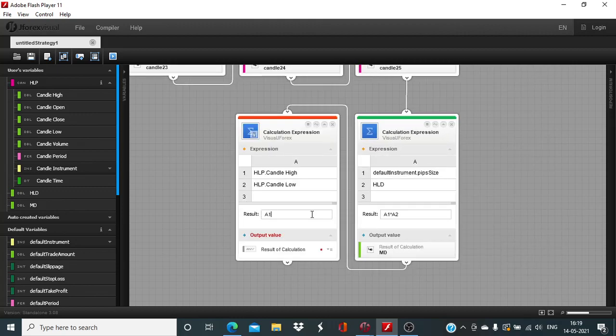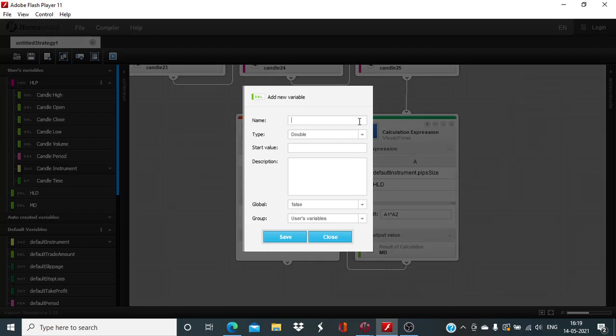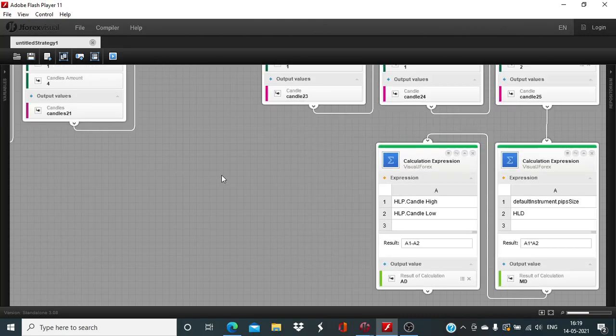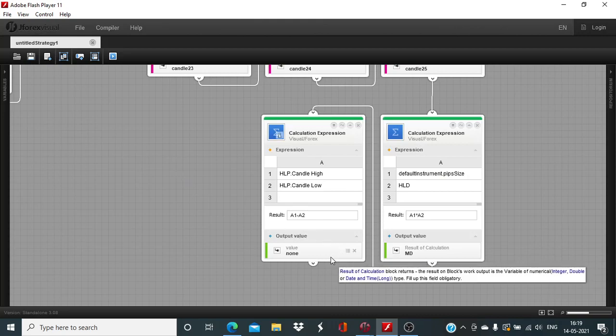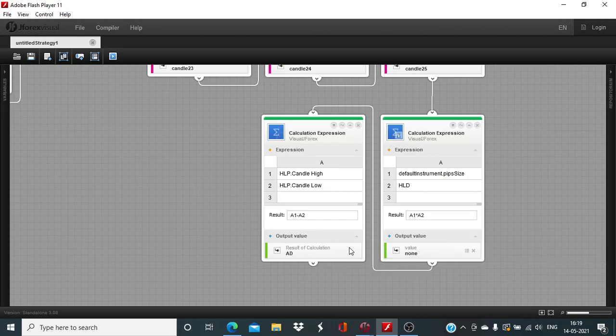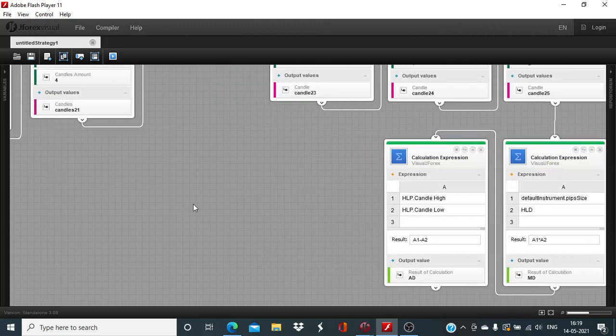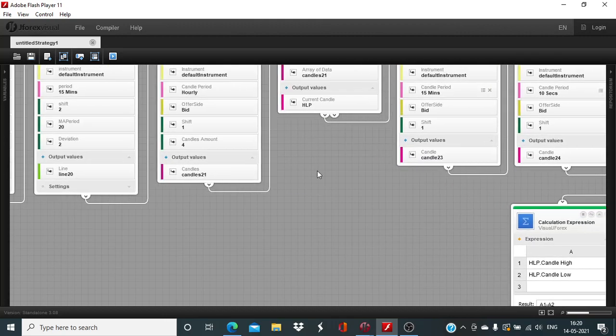So we need A1 minus A2, and this will be actual difference. And whenever the if blocks will be added to define the conditions, we will compare these output values AD and MD, and AD should always be greater than MD. That is going to be one of the primary conditions prior to the execution of the trade.